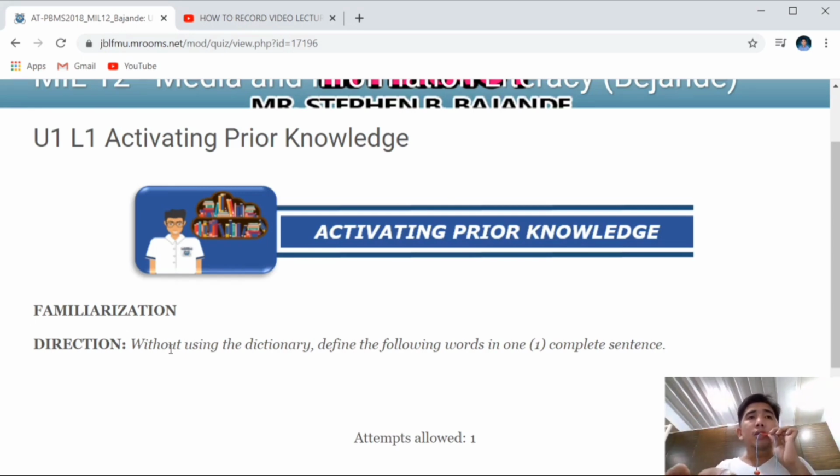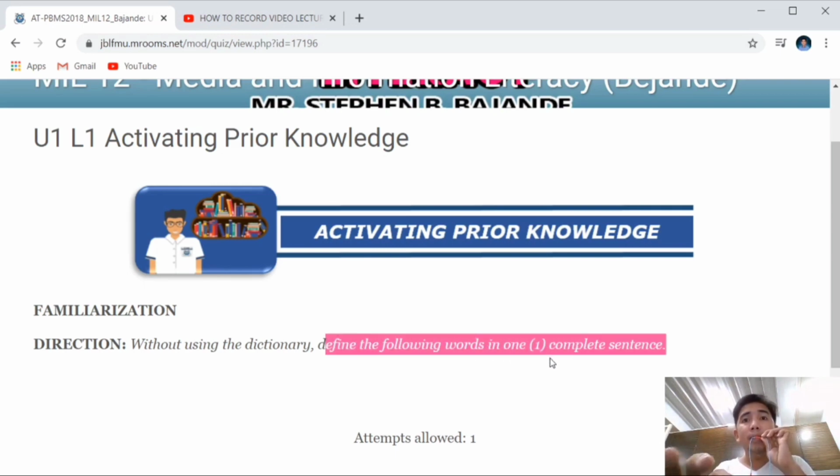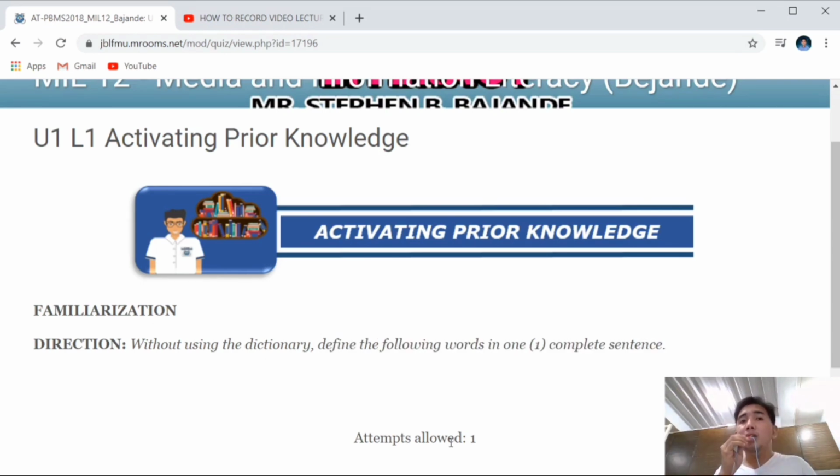So, without using the dictionary, define the following words in one complete sentence. In this quiz, a word will be given, then you define it in one complete sentence. Only one sentence is needed, and it must be a complete sentence that ends with a period.